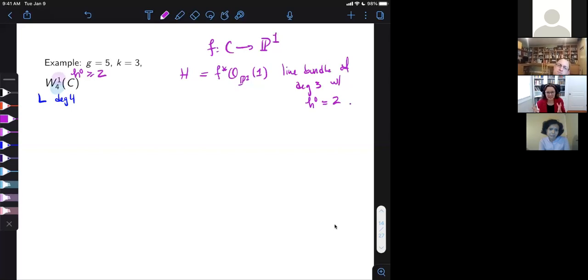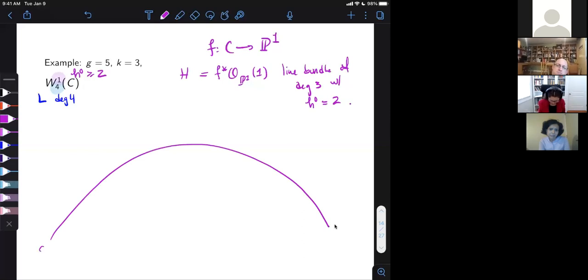Okay, and we are handed this H, which looks like the L's that we want, except that its degree is 1 less. So we can build such L's by just adding a base point. So there's a component of W^1_4 which is isomorphic to the curve itself, which is line bundles of the form H twisted up by a point P, where P is any point in the curve. Okay, but that's not all we have.